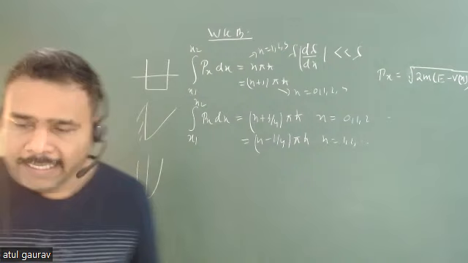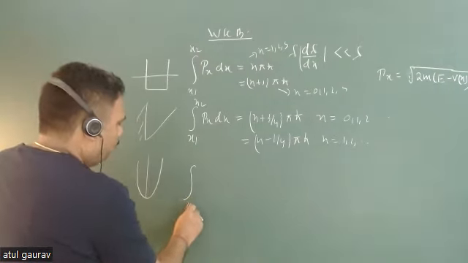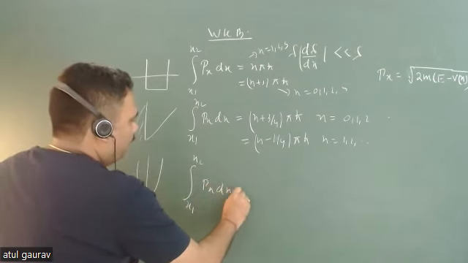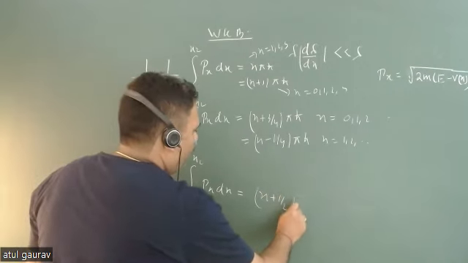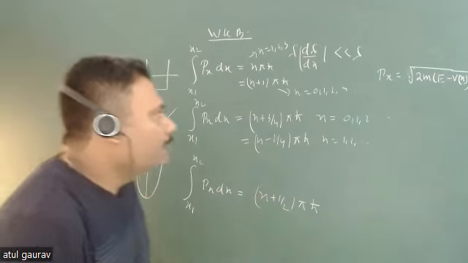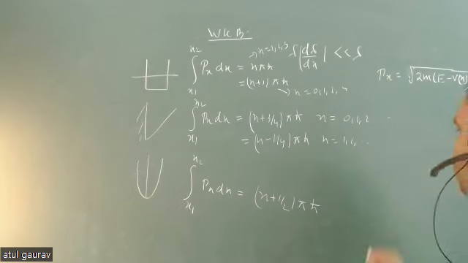Okay. And next is all about your x1 to x2. You will just go for Px dx. What is this value? N plus half pi h cut. Okay. And how will you get x1 and x2?